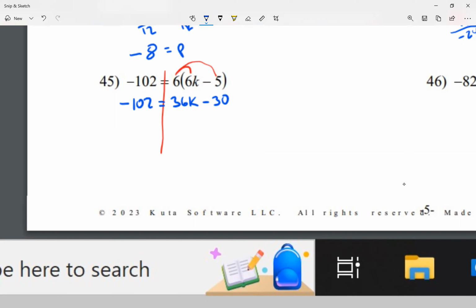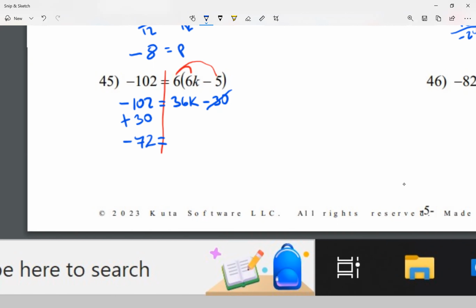Okay, so I want the letters by themselves. So this minus 30, let me move it over here as a plus 30. So negative 102 and a positive 30. Let me subtract them, right? Because they have different signs. So 102 minus 30 is 72. Like I said, I subtract the numbers and then keep the sign of the larger one.